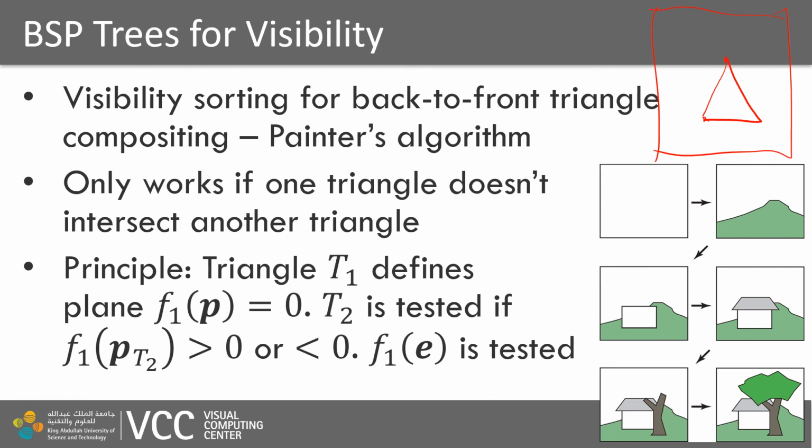And naturally, if we want to then perform the rendering, those things which are behind can be rendered first, and then they will be overdrawn by the structures which are in front of our triangle plane, which is partitioning the space.